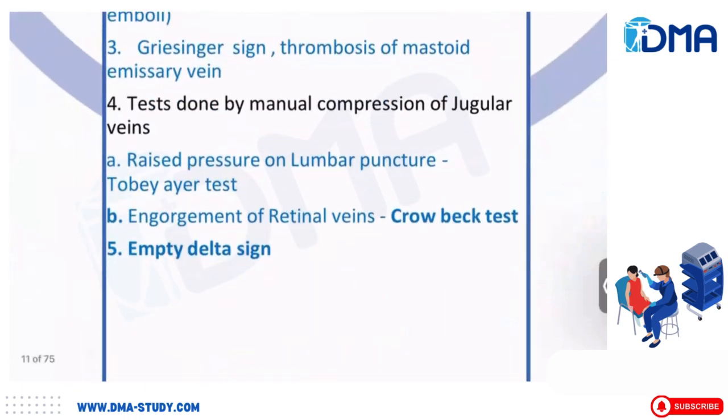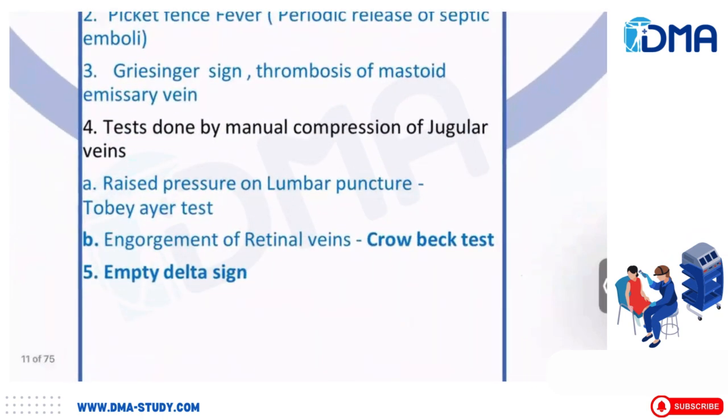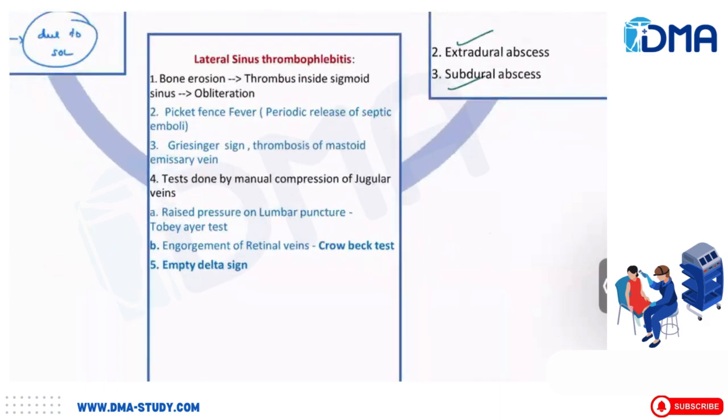To confirm the lateral sinus thrombophlebitis, we should do tests such as the Tobey-Ayer test or the Crowe-Beck test. Tobey-Ayer test is looking at the lumbar puncture. Crowe-Beck test is looking at the retinal veins. Next one is CT imaging, where the radiologist could show you the emptiness of that particular contrast region. Empty delta sign.